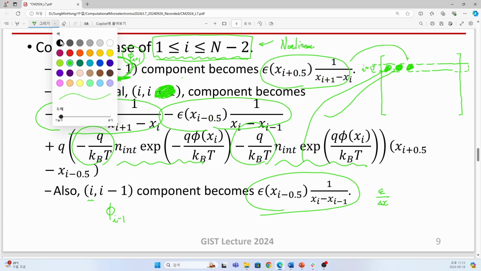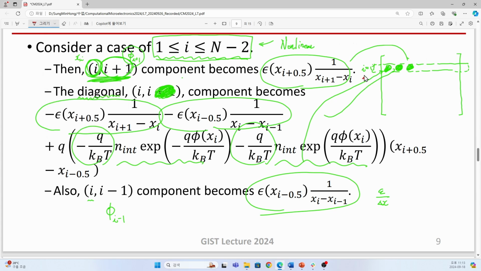Then when we go to the next point, i equal to 2, our center or diagonal point comes here, this part is also taken from our diagonal component, and the two surrounding parts are calculated from this one and that one. We can fill these non-zero elements one by one till the end of this procedure.